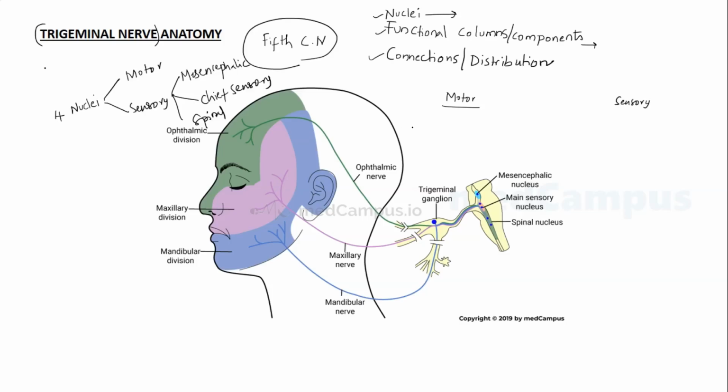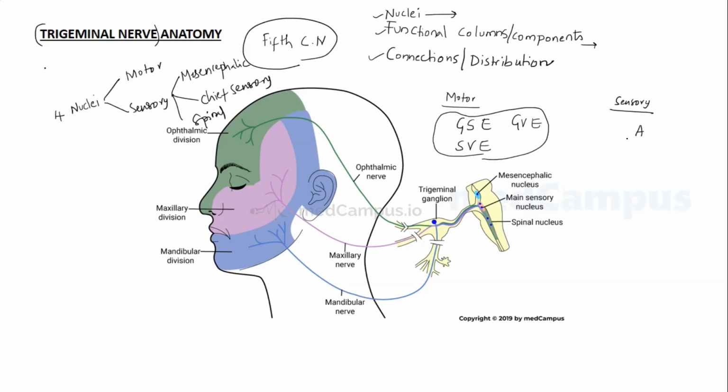When I say motor, it is efferent, right? So E is common, efferent. When I say sensory, afferent. A is common. Now you see, we have general somatic efferent, special visceral efferent, and general visceral efferent. So these are the 3 motor columns which are present.